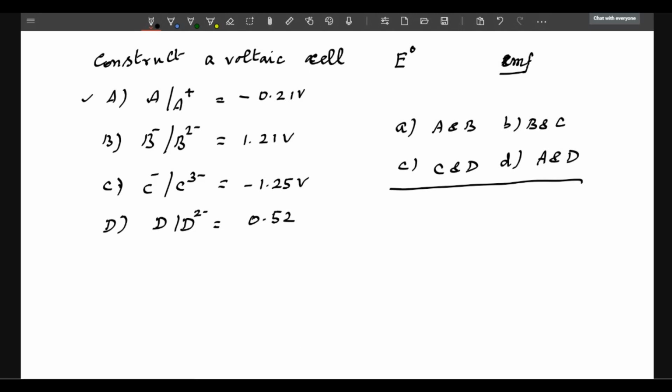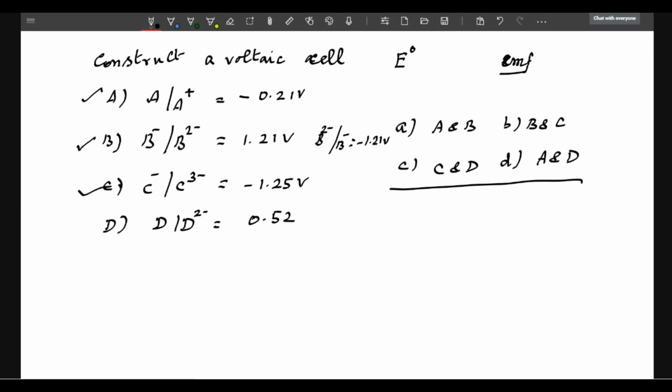What about the A electrode? It is the oxidation potential, is it not? And anybody tell me, what about the second one? Oxidation or reduction potential? Reduction. Therefore, it is converted into the oxidation potential equal to minus 1.21 volt.